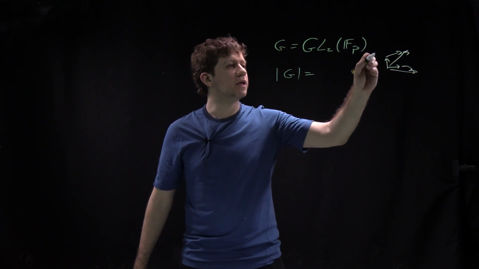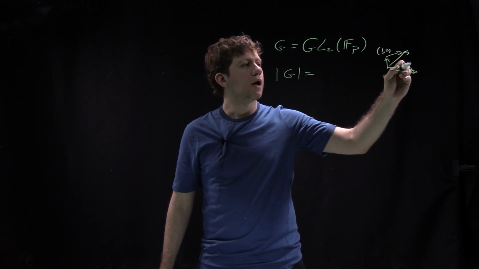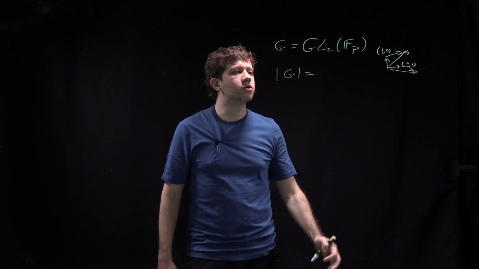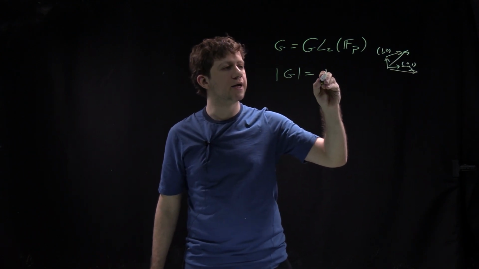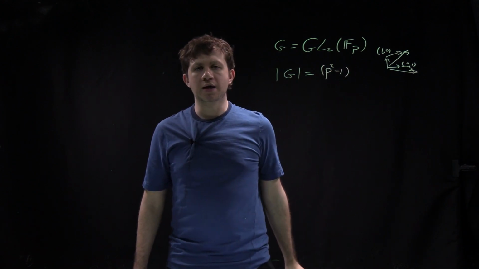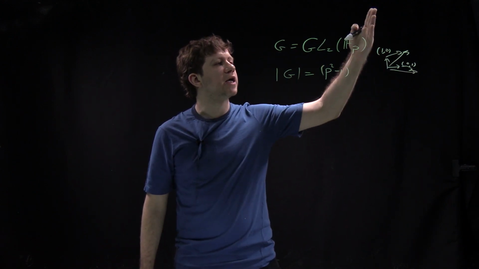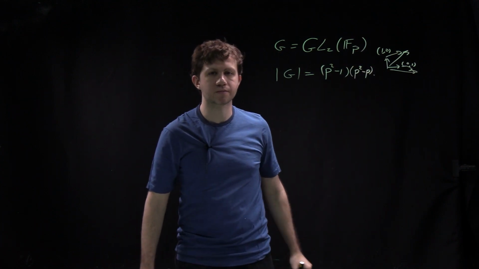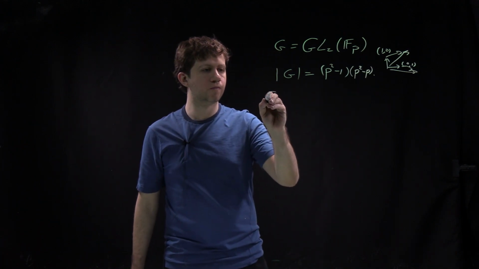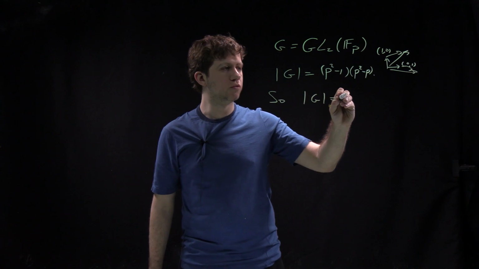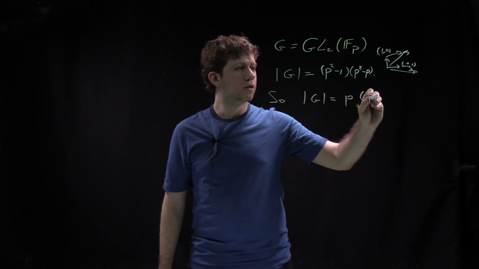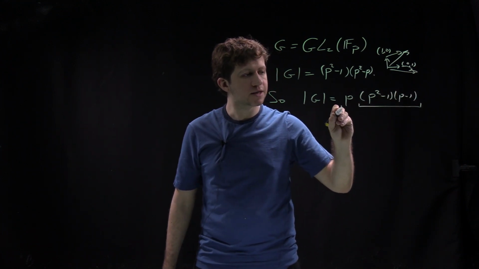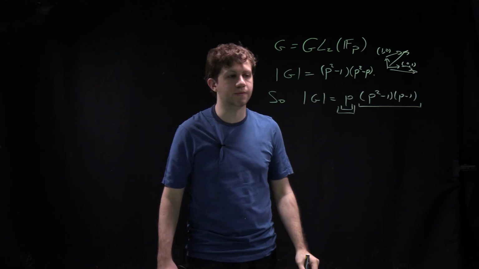You first choose where the first vector goes, and this can be any point except 0. Then you need to understand where the second vector goes, and this can be any point except the line which we have already looked at, so p squared minus p. So the order of G equals p times p squared minus 1 times p minus 1, and in particular it means that the power of p inside the order of G is just 1.